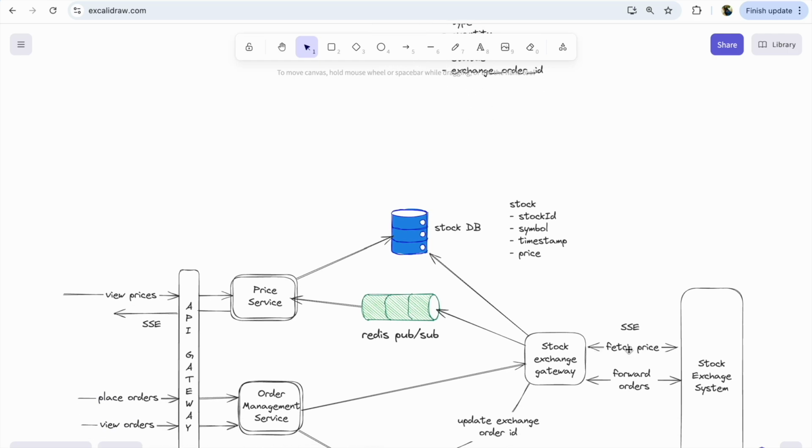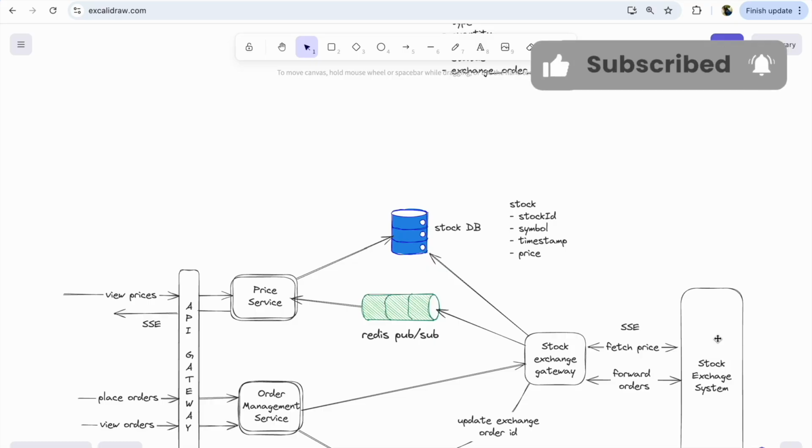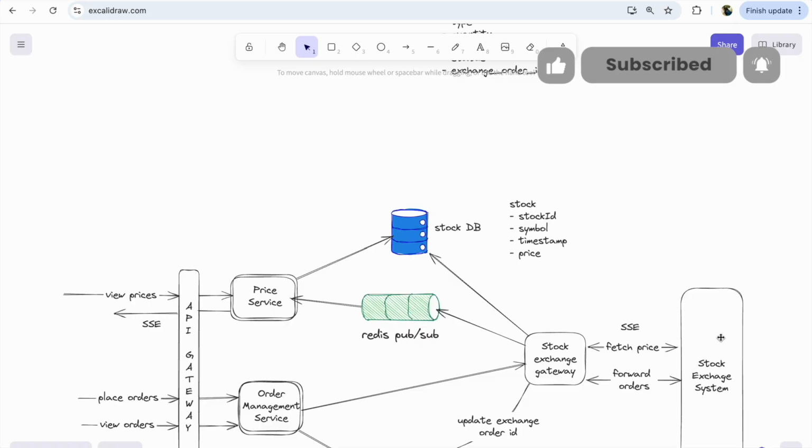Now, also, how will the stock exchange gateway get the prices from the stock exchange system? That will depend on the contract we have for the stock exchange system, the API it exposes, and whether it has SSE support or not. Ideally, the stock exchange system also sends the price updates using SSE, or server-sent events.